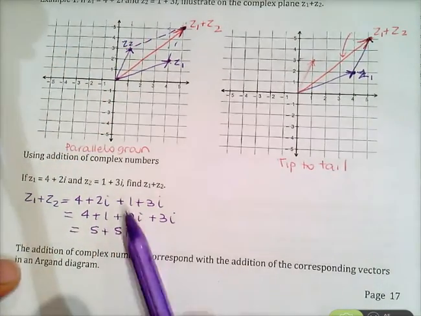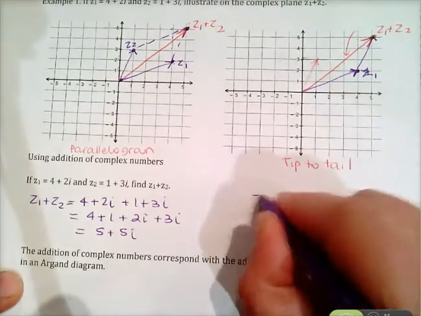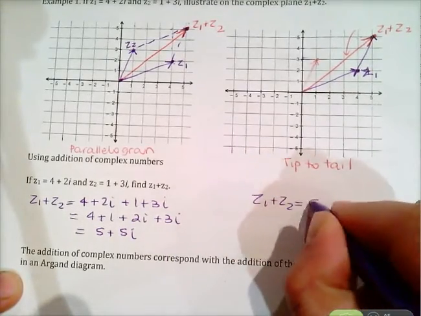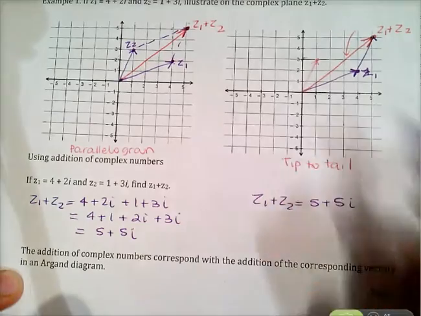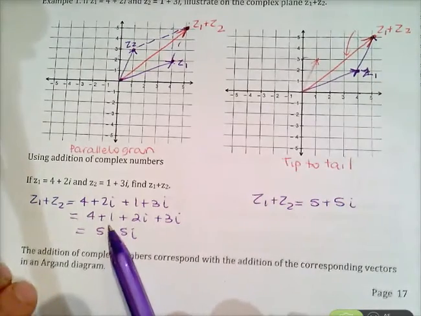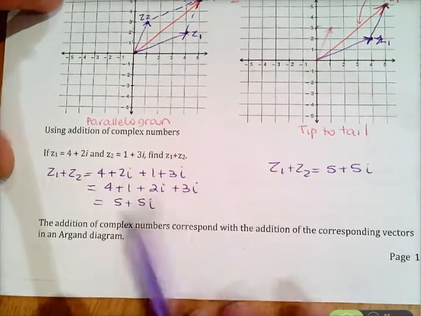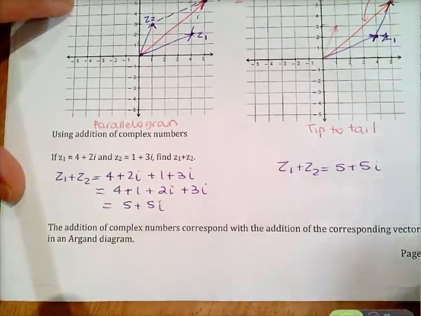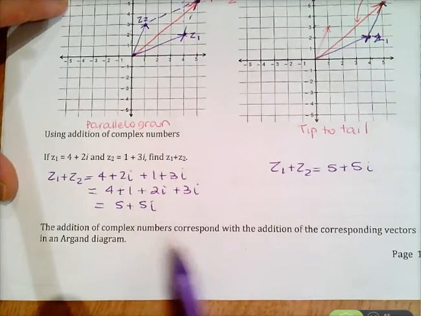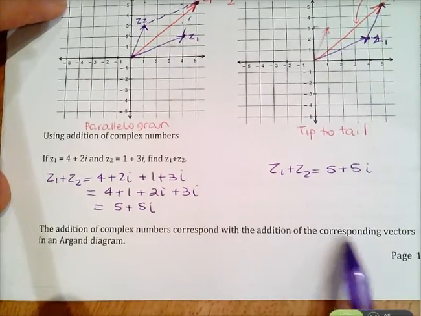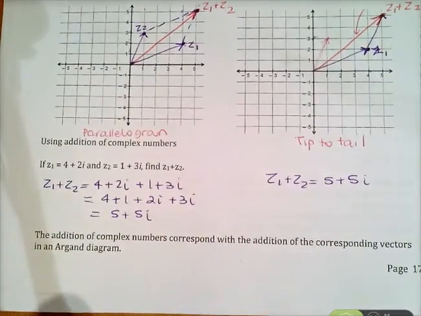So again, you would get the same thing here. z1 plus z2, if we add them together, is 5 plus 5i, reading it from the diagram or adding them together as you have been doing previously. So therefore, the addition of complex numbers, the way we were doing it before, does correspond with the addition of corresponding vectors in the Argand diagram.